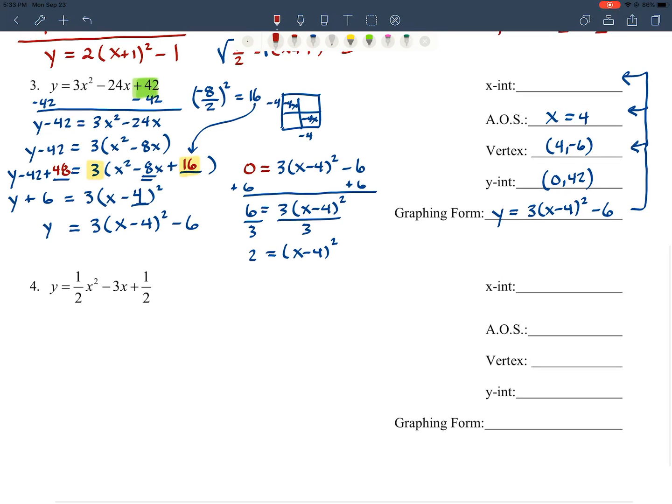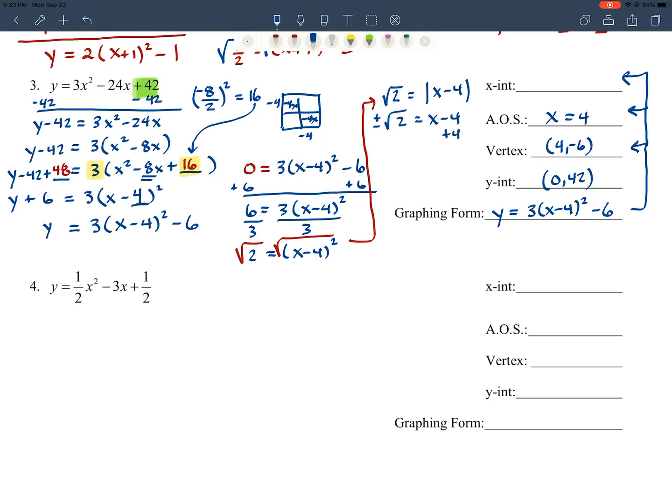Looking for a square root now. So now we've got the square root of 2 is equal to the absolute value of x minus 4, which then becomes x minus 4 equals positive or negative square root of 2. And then we just add our 4 to each side. So 4 plus or minus the square root of 2 is equal to x, or 2 x-intercepts there.